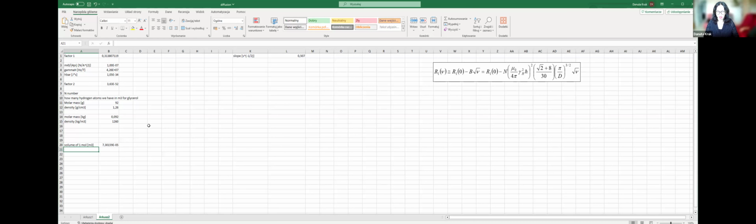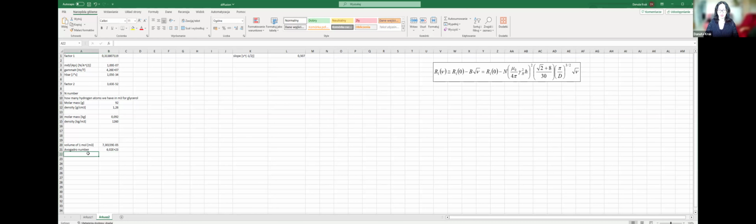What is the Avogadro number? I suppose everybody knows what 1 mole is. So the Avogadro number gives me the number of molecules in 1 mole.